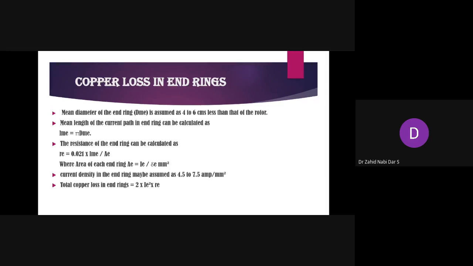AE is the area of each end ring, which is IE divided by current density. Current density is assumed as 4.5 to 7.5 amp per millimeter square. Thus, the total copper loss in end ring is 2 into IE square into RE.